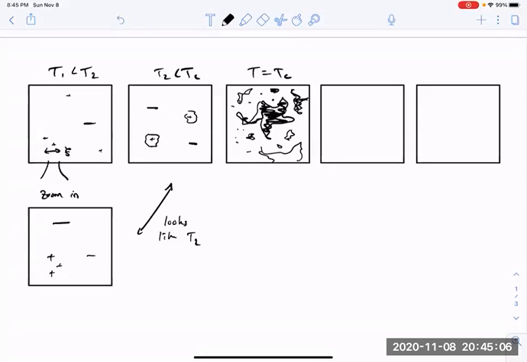On the other side, if I took a system at high temperature, call it some T4 greater than T3, where T3 is greater than Tc. Well, at really high temperature, the system is up and down in equal proportions, but there is still some favorable interaction energy to have like spins near you.